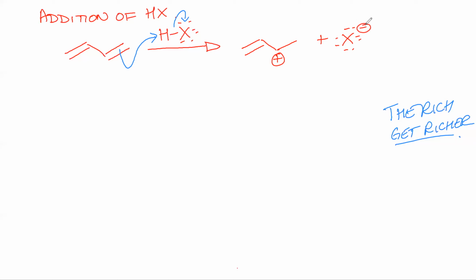Naturally, X could come in and attack, and this would give us this, but we also form another product here, and that is this one. Any idea how the product over on the left-hand side forms?